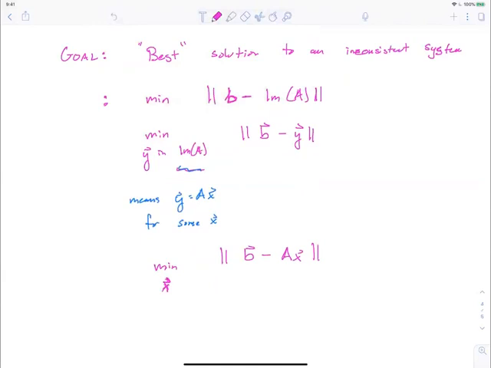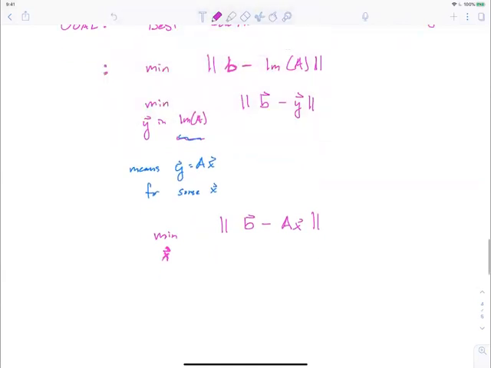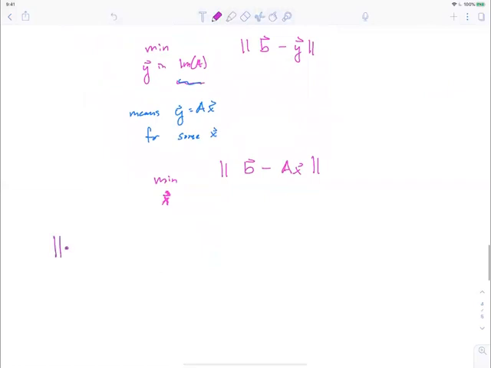All right, so where does the name least squares come into play? Well, keep in mind that the norm of a vector is just equal to the square root of the sum of the squares of the components.